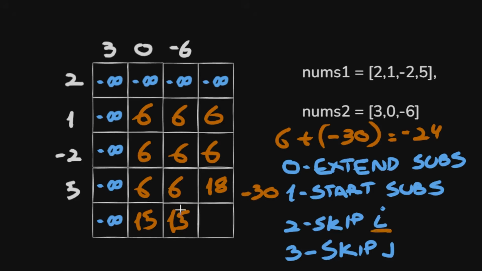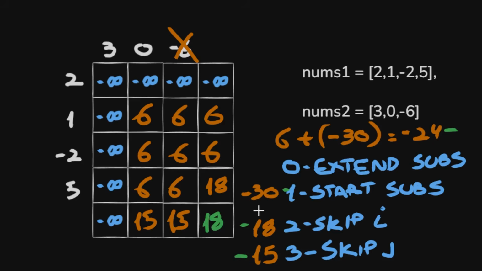If we skip I, we are skipping this, so we are looking at this cell. This is 18. And if we skip J, we are skipping this number, so we are looking at this cell, which is 15.